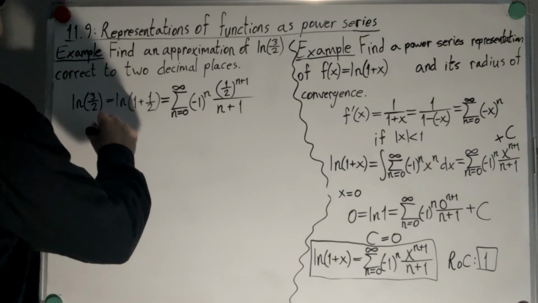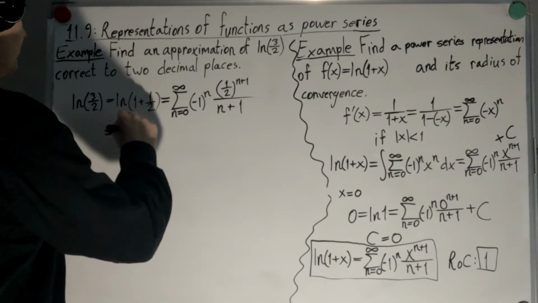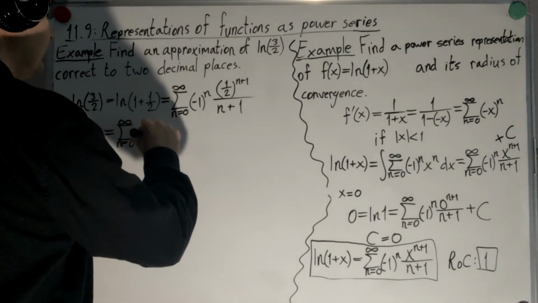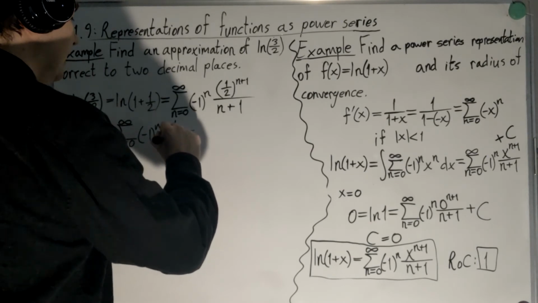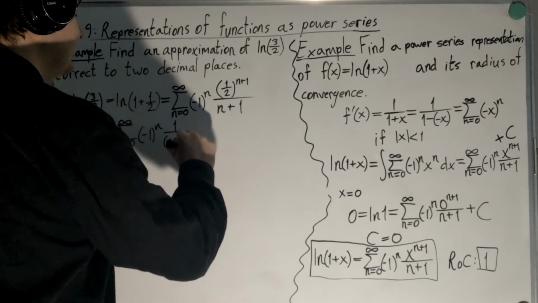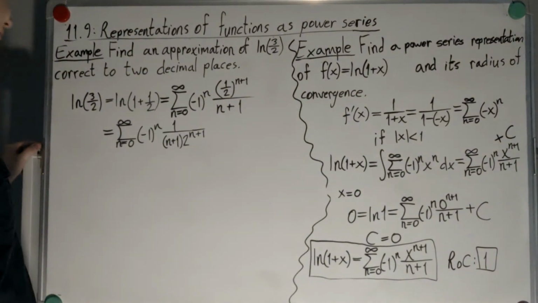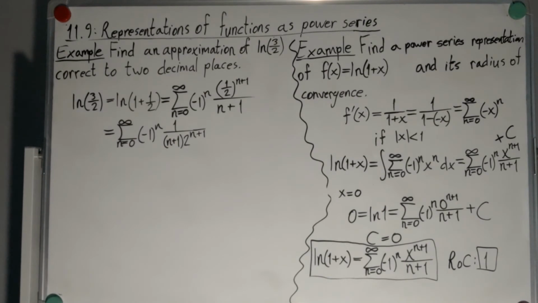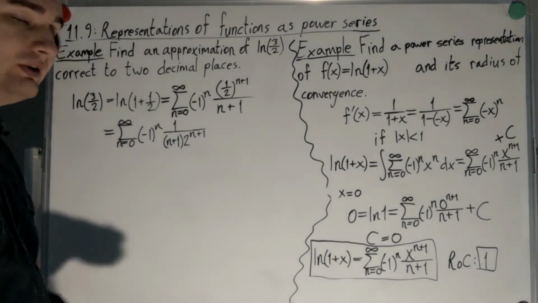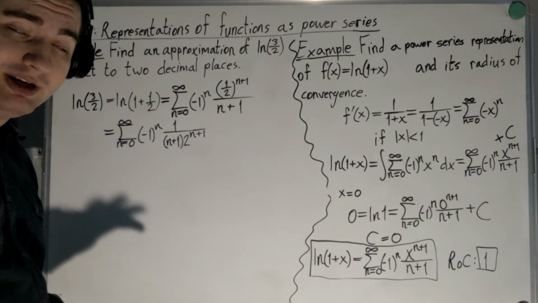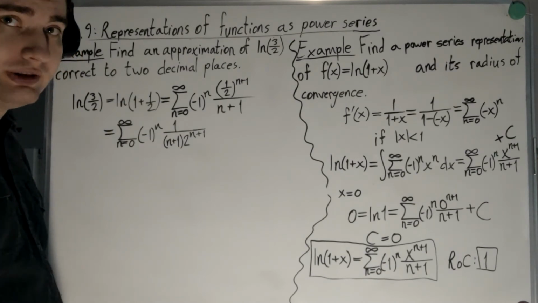This, by the way, is the same thing as the sum from n equals 0 to infinity of -1 to the n times 1 over n plus 1 times 2 to the n plus 1. This is an alternating series, and the absolute values are decreasing, and their limit is 0. So the alternating series estimation theorem applies.